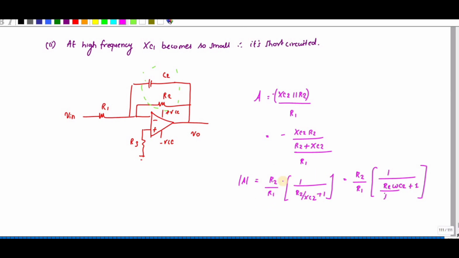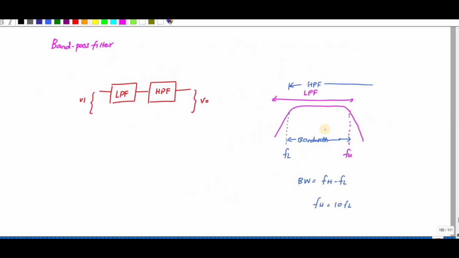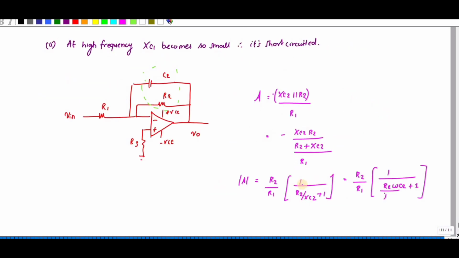This is what I should get, because the gain is the same for both the low pass and high pass. So this is your gain A. So that has to be R2 by R1. So I can write XC2 divided by XC2 plus R2, right? So here the XC2 value is greater than R2. So if that is the case, I will get A is equal to R2 by R1.